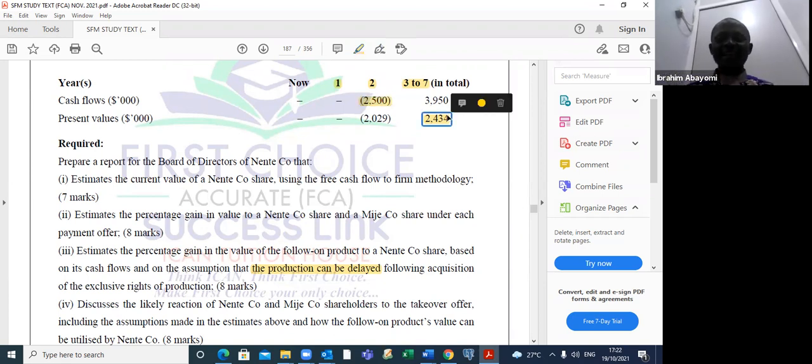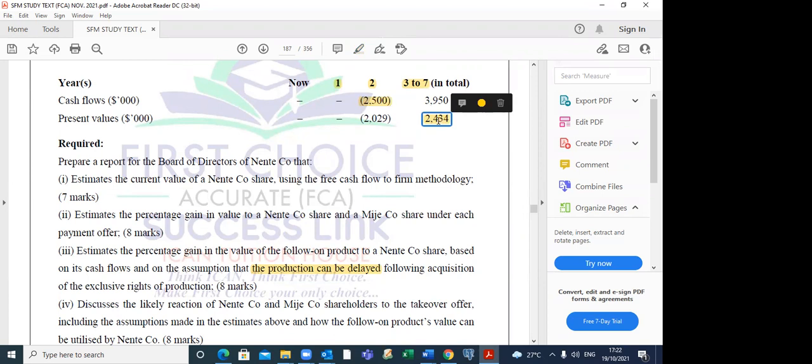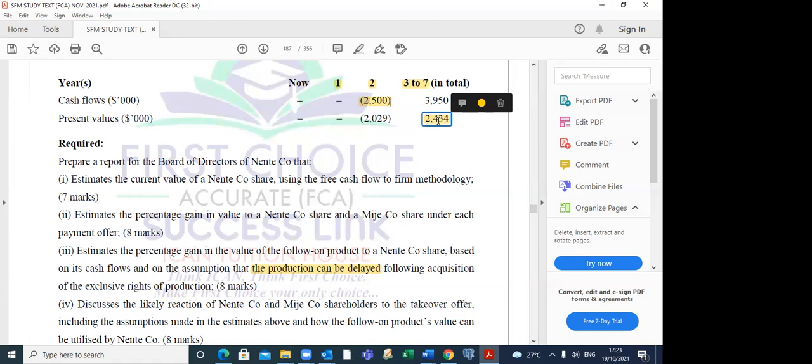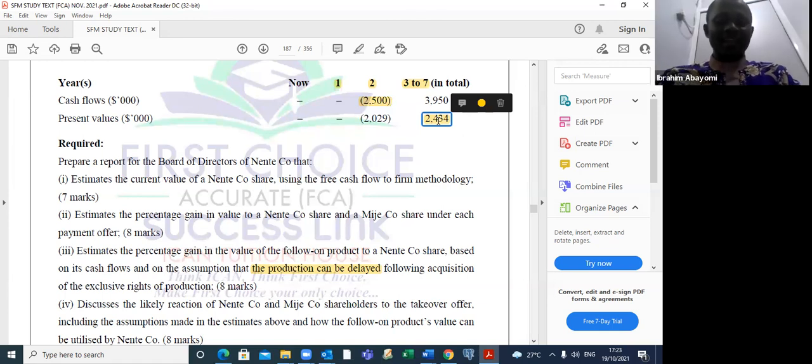The benefit here is more or less the market value of the project. That's the value of the project. The present value of the inflows is the value of the project, while the 2,500 is the amount I'm going to pay to be entitled to that value of the project.